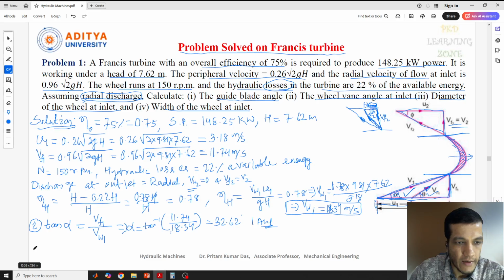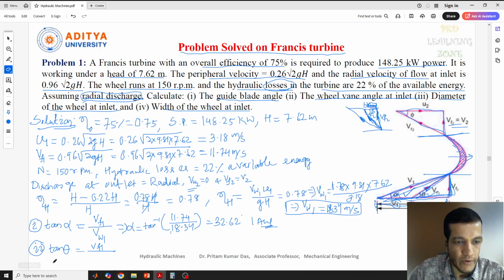Similarly, the next angle we can find out, considering tan theta in the same triangle. Tan theta equals VF1 divided by a value that is not given, so we write VW1 minus U1.